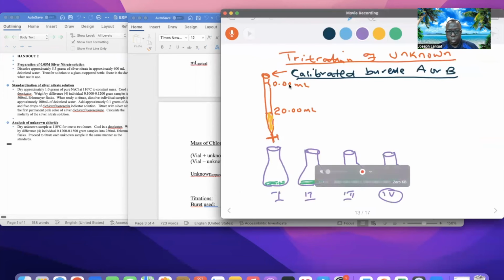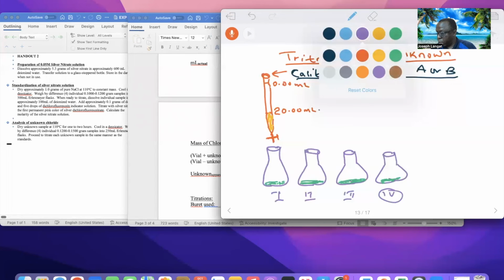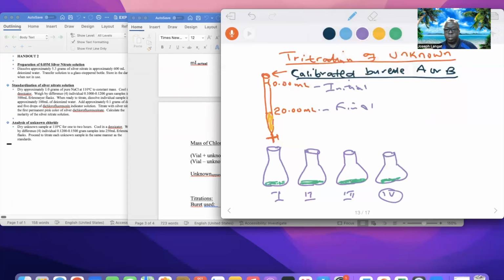Assuming that the initial is 0.00 mL, 20.00 mL is the final. This is initial, and this is final.